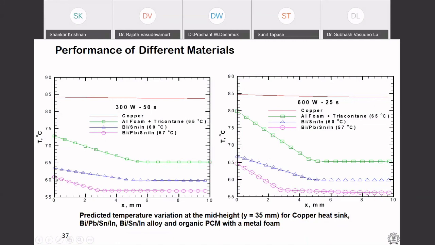The peak temperature it has attained is only 61 degrees Celsius, while the copper is close to 84 degrees Celsius. What you see is that there's almost a 23 degree difference between copper and this melting alloy. Also the phase change material has melted only 2.4 mm or 2.8 mm. So the rest of it is not even utilized for this pulse.